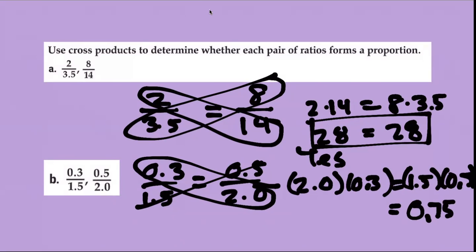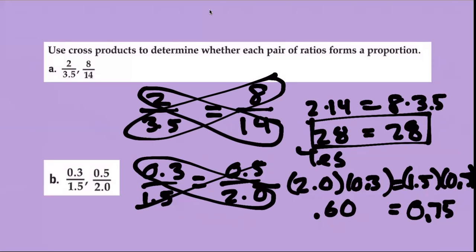And we're going to do the same thing here. 2.0 times 0.3 is going to give me, let's see, well, 20 times 3 is 60. And if we move it 2 spaces, you get 0.6. So we have 6/10 or 60 hundredths, and we have 75 hundredths.